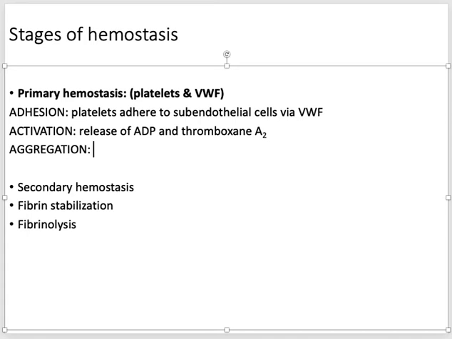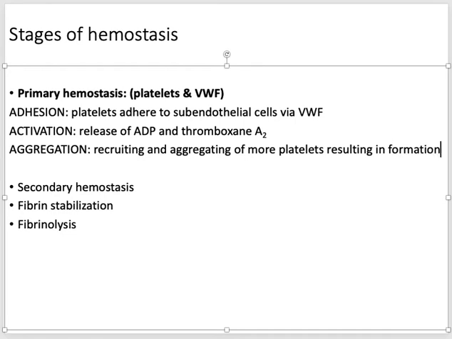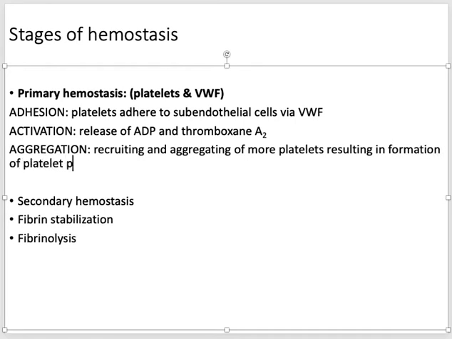Once the release of ADP and thromboxane A2 has happened, more and more platelets come together and get attached, making a platelet plug. So you can simply say it is recruiting and aggregating more platelets, resulting in the formation of a platelet plug.